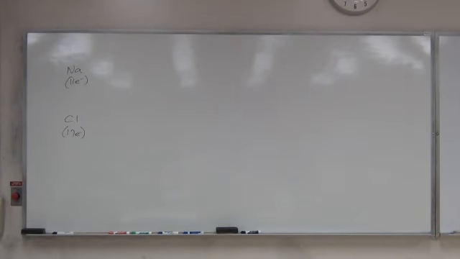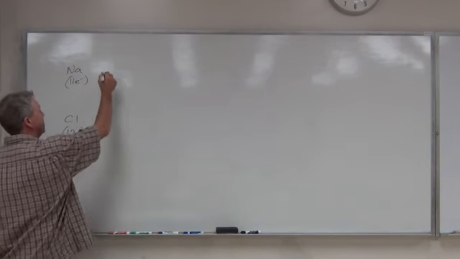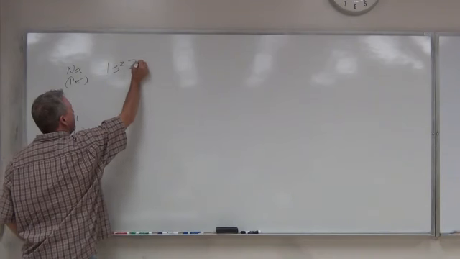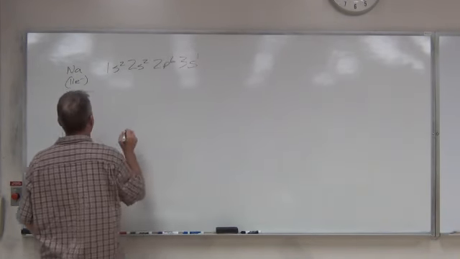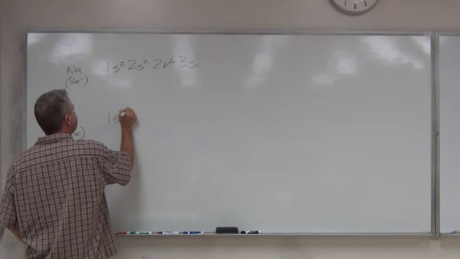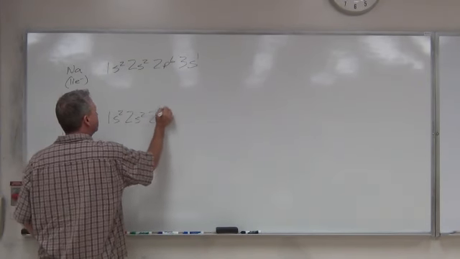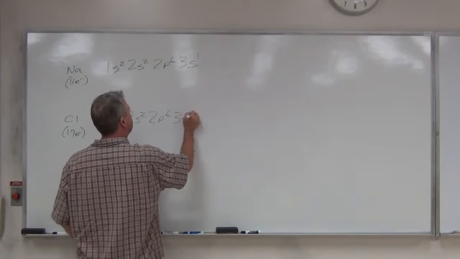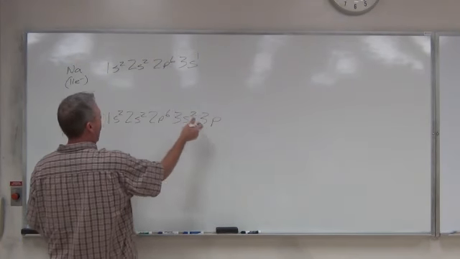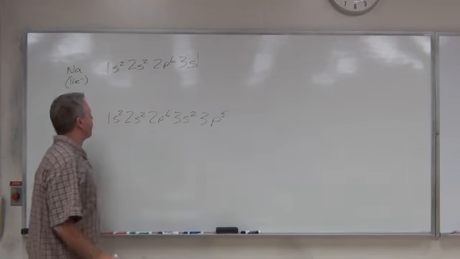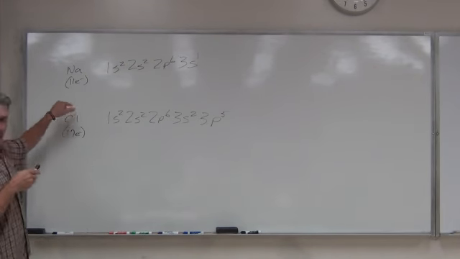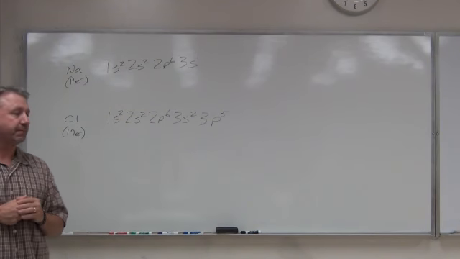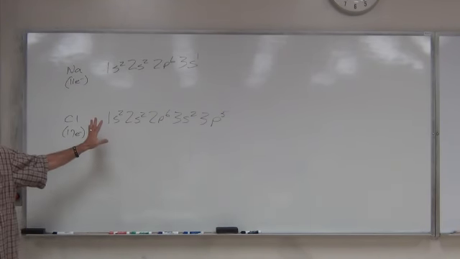If I use my alpha triangle and do the electron configurations here, this is what the electron configurations for each of these two neutral atoms looks like. Right? Agreed?